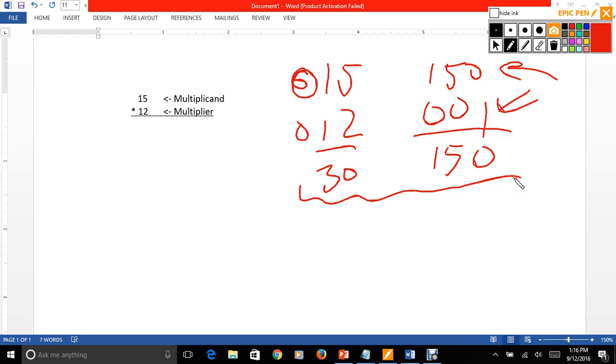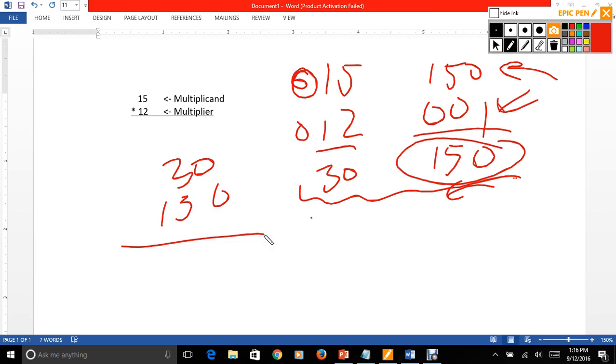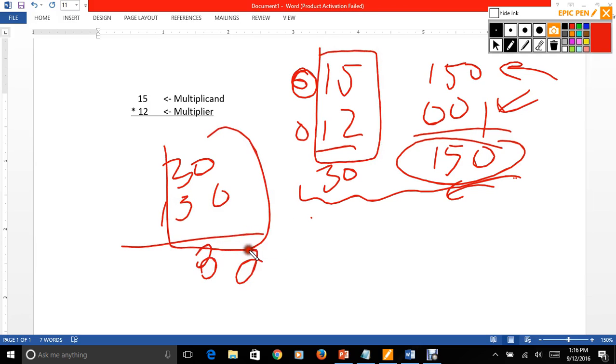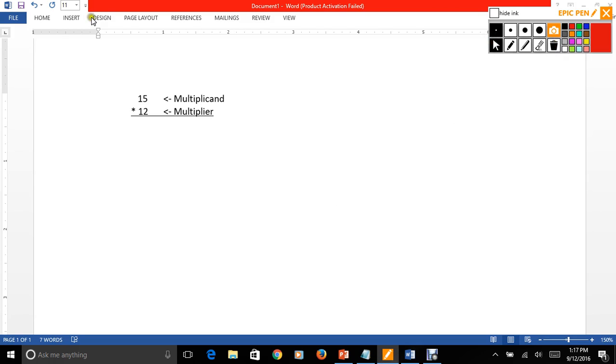So by doing the bit shift and providing the opportunity for 3 bits, she's actually doing 30 and 150. If we had just limited it to 2 bits, we would have had 80 with an overflow, and that would have been the problem. So providing 2n plus 1 bits provided the 180 and the space to do the solution.